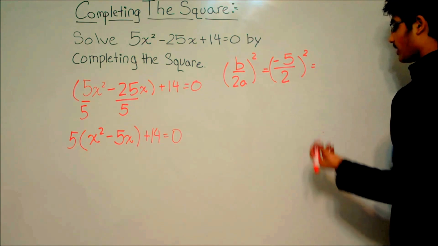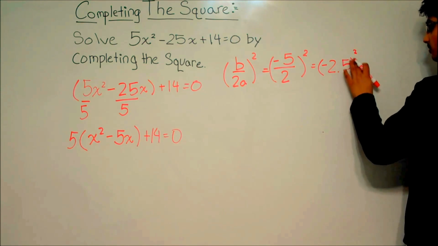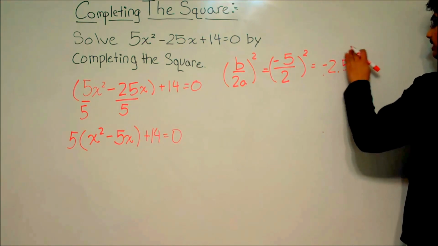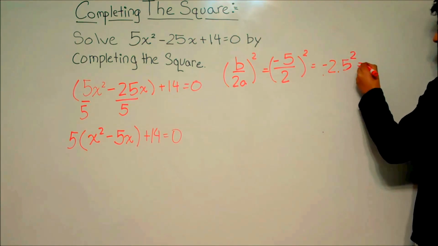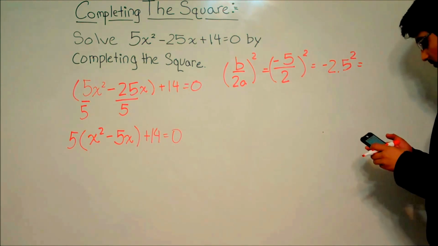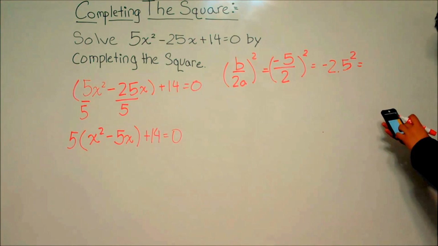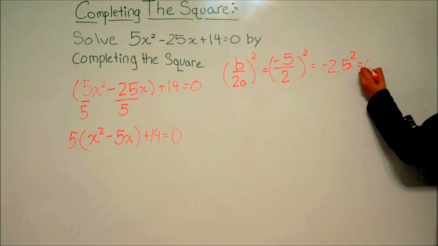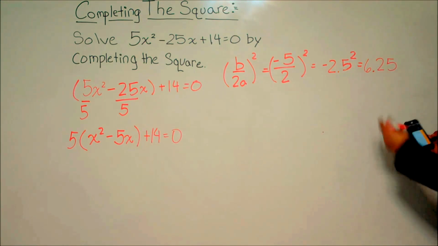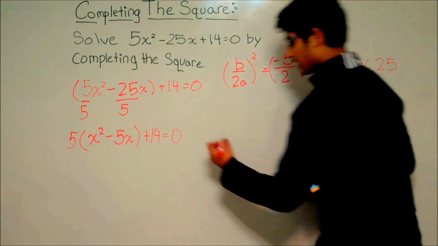Negative 5 over 2 is negative 2.5. Negative 2.5 squared, let's put this into a calculator, is 6.25. So the c term is 6.25.